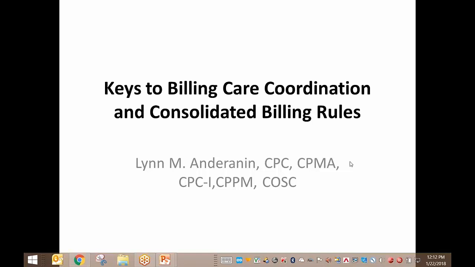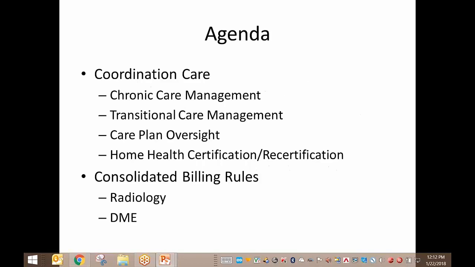But I want to go through today and talk about when these codes may be possible and how we can use them. Looking at our agenda for today, we're going to talk first of all about the coordination care codes. There are several categories of coordination care.